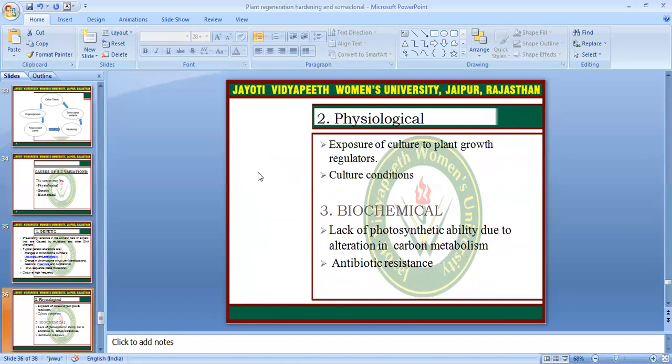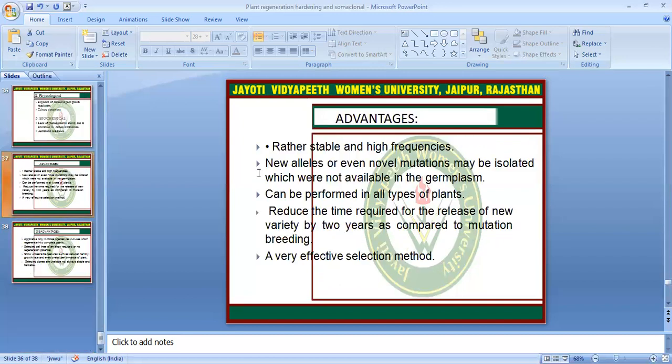Second is the physiological, which means exposure of the culture to plant growth regulators and culture conditions. It depends on that. And biochemical causes mean lack of photosynthetic ability due to alteration in carbon metabolism, and antibiotic resistance can also develop a somaclonal variant.